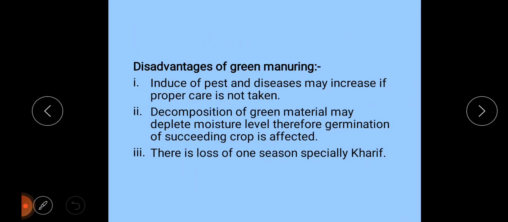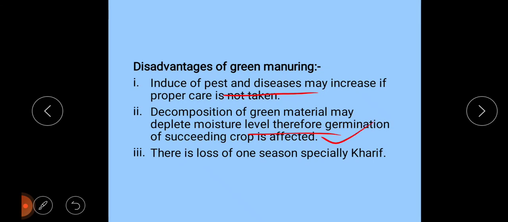Then we discuss some of the disadvantages of green manuring crops. They have some adverse effects also. The first one is that pests and diseases may increase if proper care is not taken at the time the green manuring crop is developed. The second one is that decomposition of green material may deplete soil moisture level, therefore germination of the succeeding crop is affected.